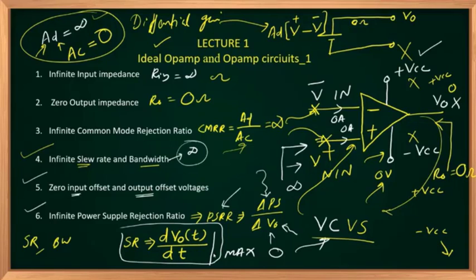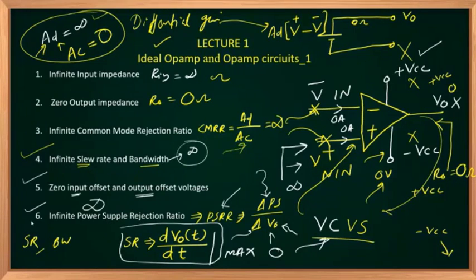Of course, power supply should be present in the circuit, but a change from plus VCC or minus VCC upward or downward for a slight margin won't affect the performance of my op amp. That is an ideal case. So denominator will tend towards 0, ideal behavior. I will have an infinite PSRR, power supply rejection ratio.